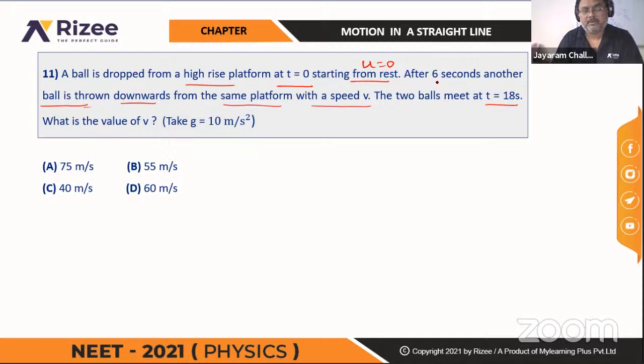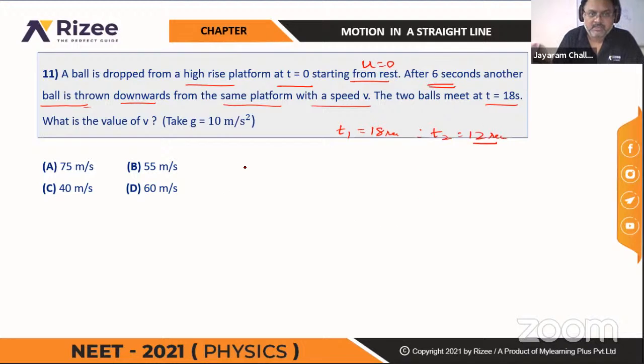That means when the first ball is dropped, after 6 seconds the second ball is thrown. If the first ball has traveled 18 seconds, the second ball will be traveling only 12 seconds, because it is thrown after 6 seconds of the first ball.